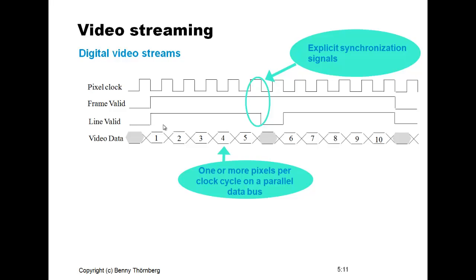And you can have the pixel data transferred as one or possibly more pixels per clock cycle, so you can add more or less pixel parallelism in this video transfer.